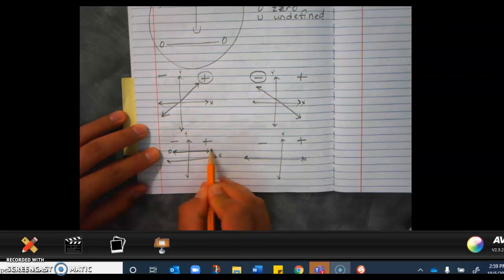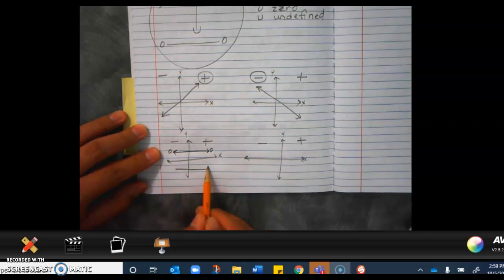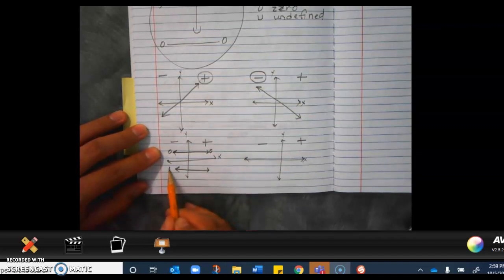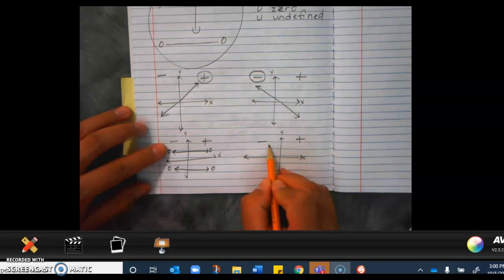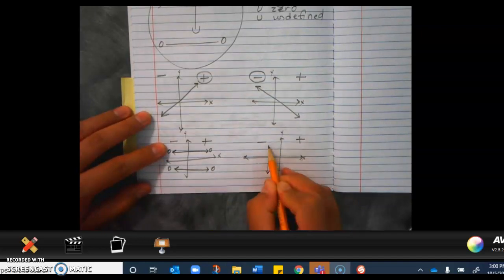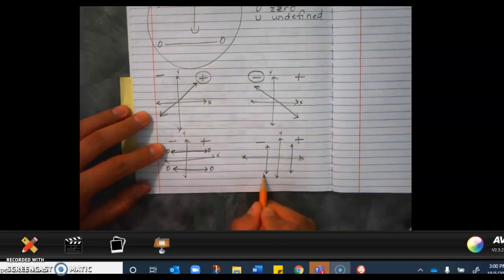I'm going to draw one in the positive section, one in the negative section, just so you can see that it does not matter where it's at. If your line is straight across, your slope is zero. For the undefined, if that line is straight up and down, no matter where it is, your slope is undefined.